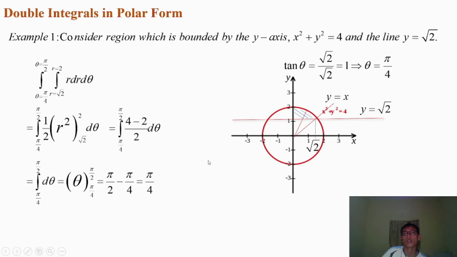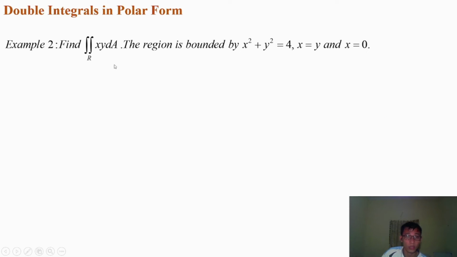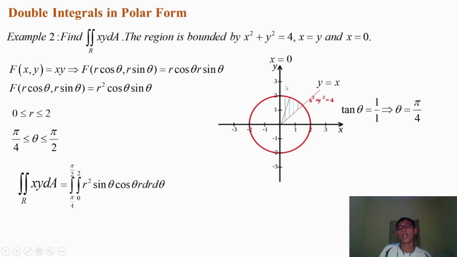Now going to example 2, which is to find the double integral over a region of the function of x and y, over an area dA. The region is bounded by x squared plus y squared equal to 4, and y equal to x, and x equal to 0. As I said before, in order to find double integrals over a region, we first have to draw the region, and this is the region that I have drawn.